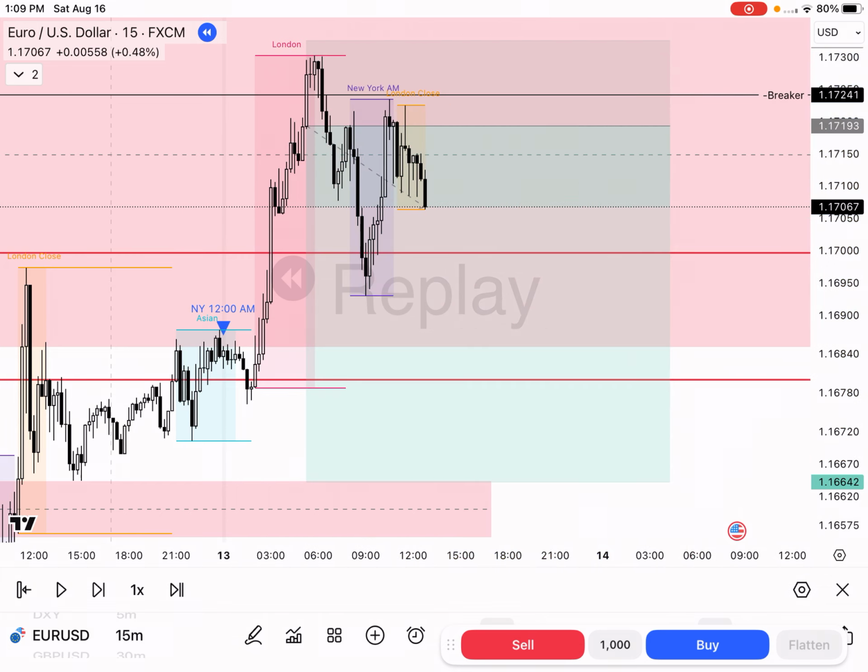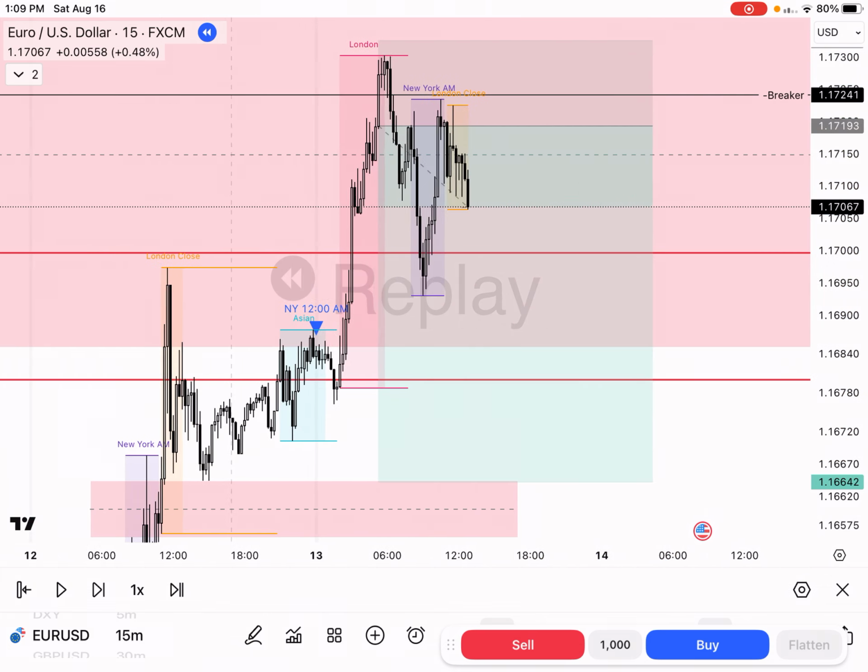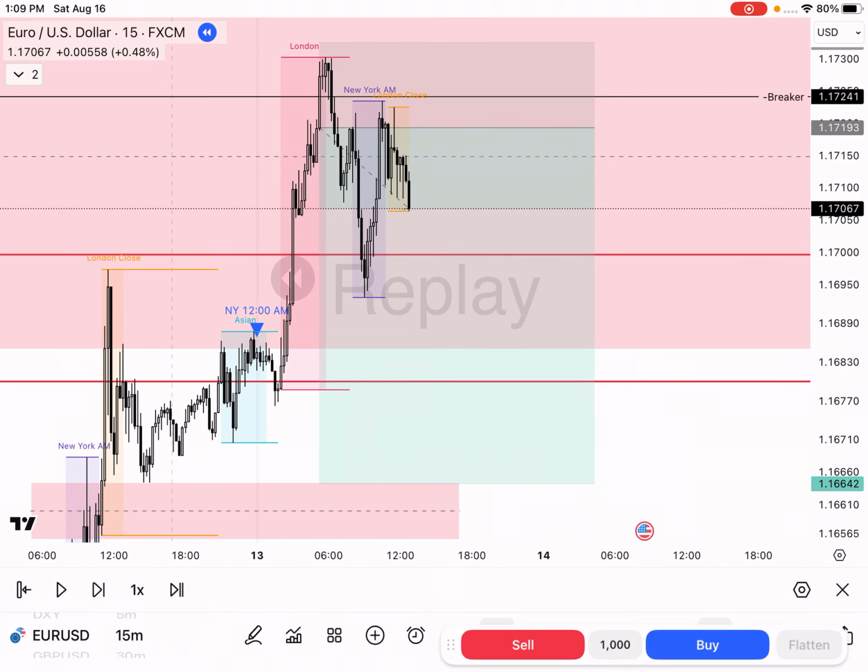It took a very long time since I was suffering from emotions as well. It took a very long time and I had patience. It gave me a 1-to-5 risk to reward ratio, and let's see how this plays out.